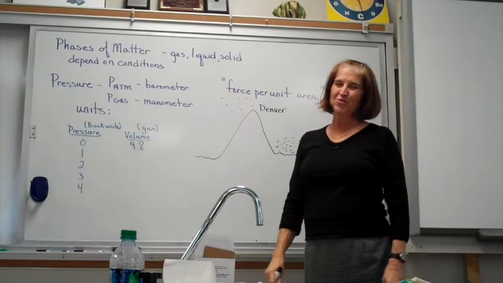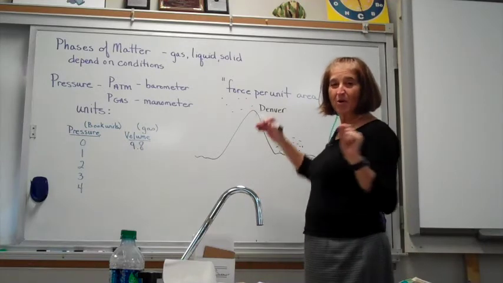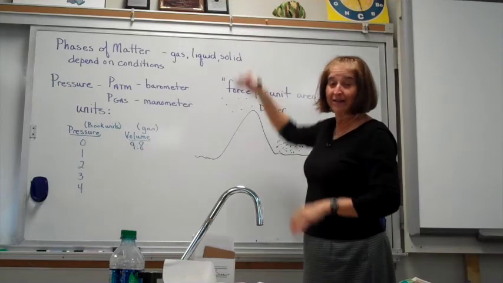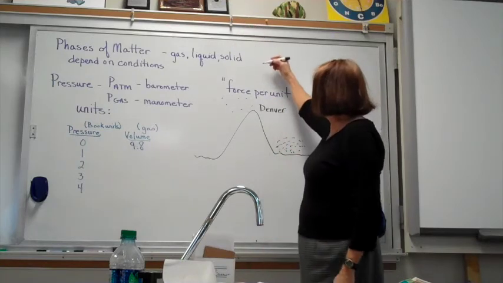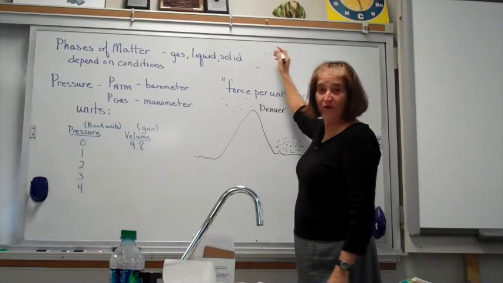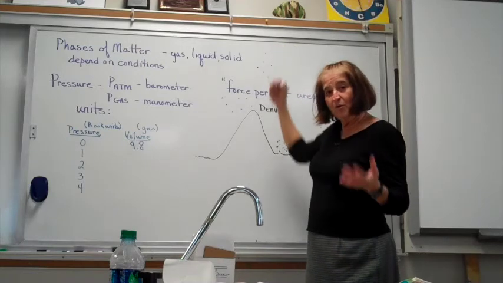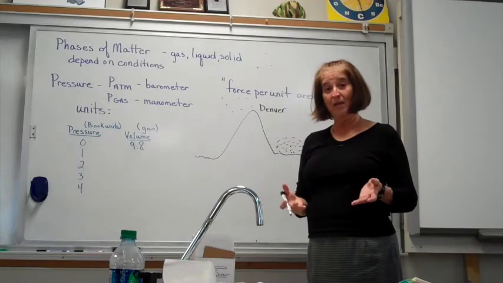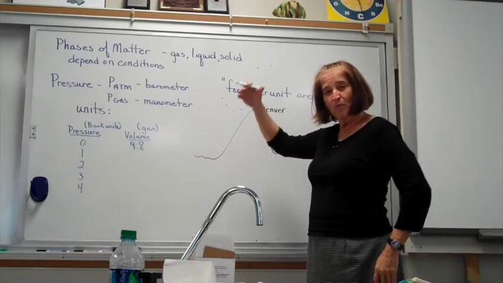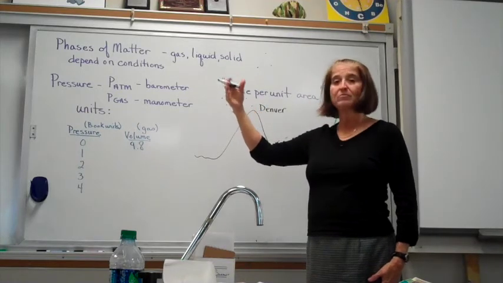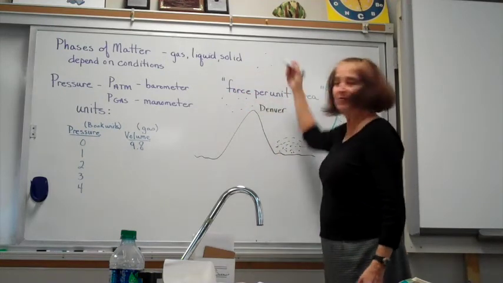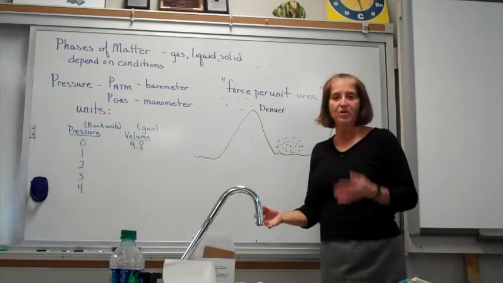And you know this is true because you know that if you keep going higher and higher, up, up, up into the sky, think about airplanes, at some point there's very few particles. And you would have to be in a pressurized cabin in an airplane because there's fewer and fewer particles of air, oxygen and nitrogen, for you to breathe. Well, the fewer number of gas particles you have, the lower the pressure.